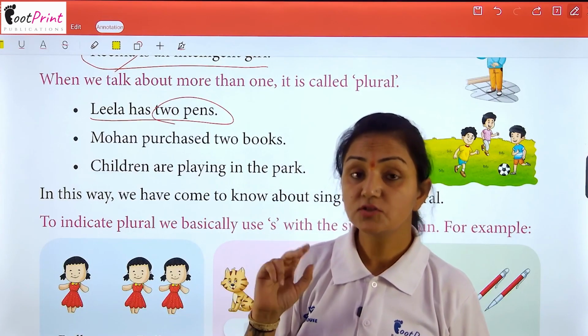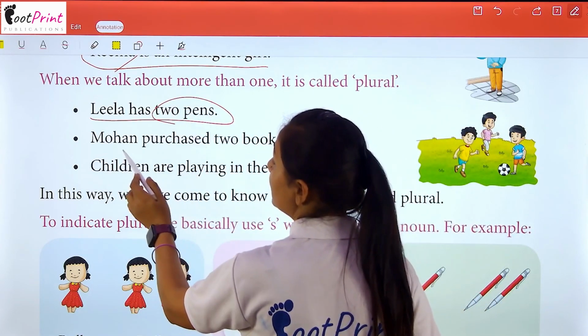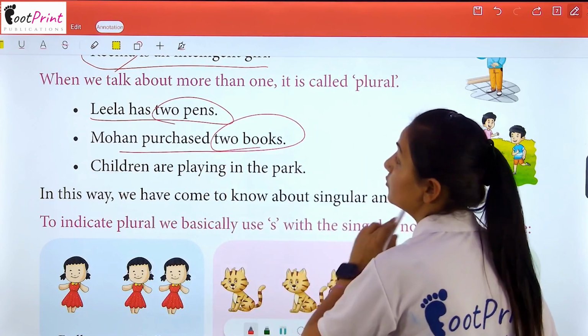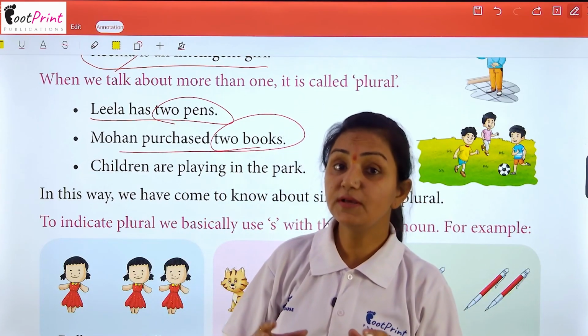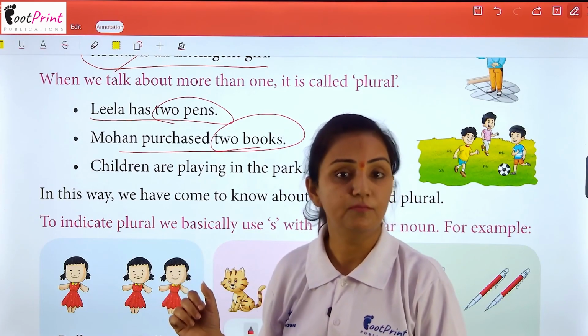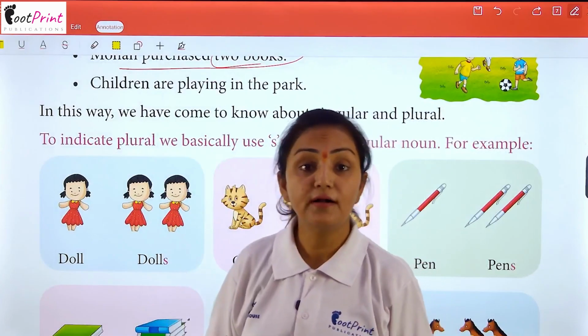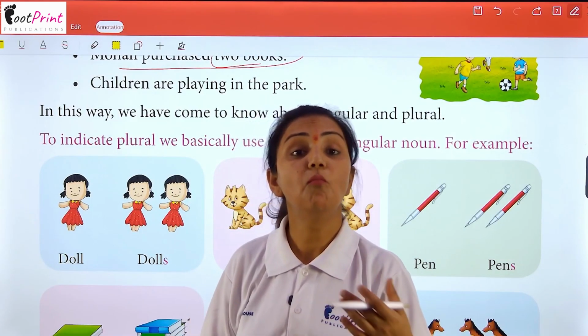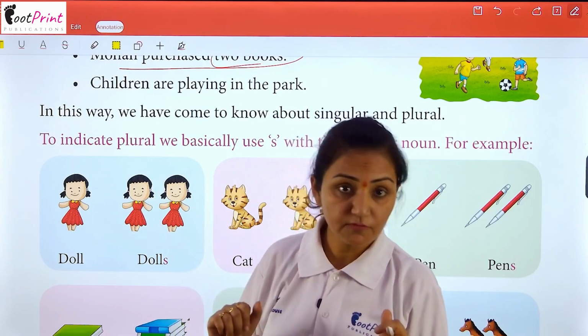More than one, so it will be counted in plural form. Mohan purchased 2 books. How many? 2. More than one, so it will be counted in plural form. Clear? Children are playing in the park. Children means more than one child, so it will be counted in plural form.